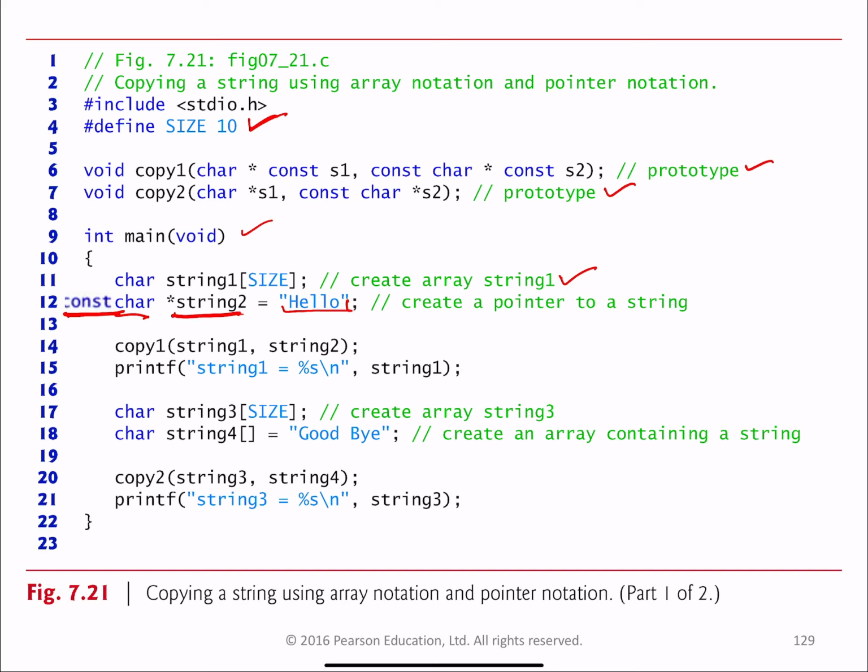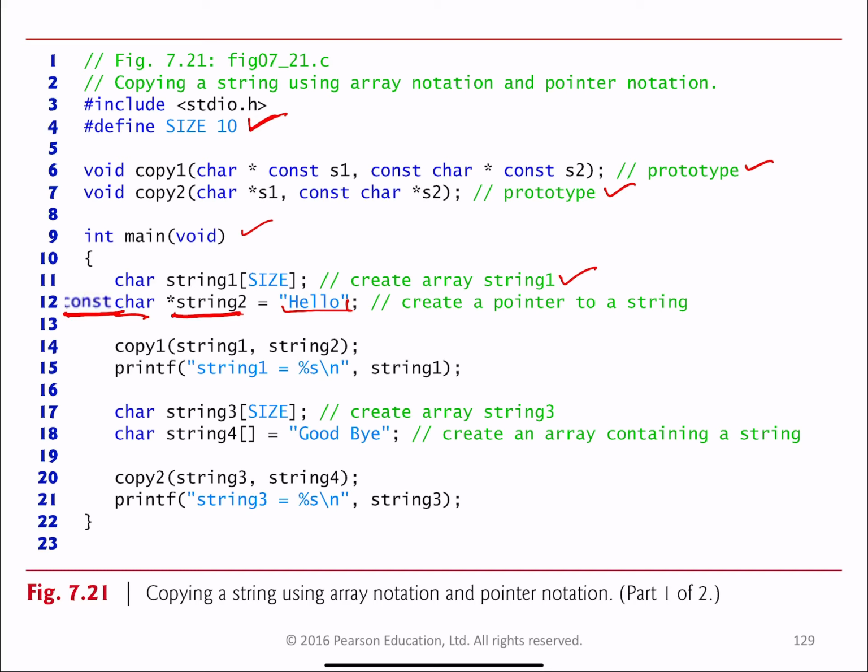So instead of creating an array with a name and then creating a pointer to point at that array, we're skipping the first step over here. We're skipping the step of creating the array and giving it a name and then having a pointer that is used to reference the array that already has a name.